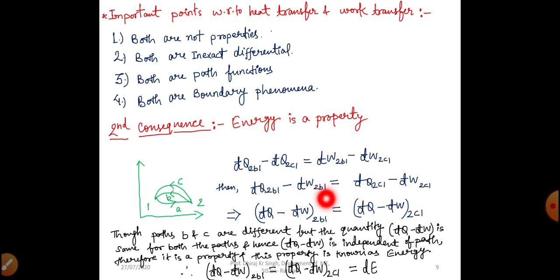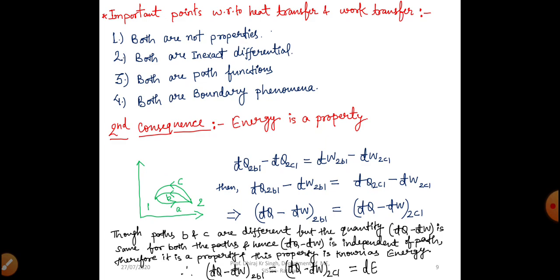So del Q minus del W for the 2b1 process is equal to del Q minus del W for the 2c1 process. So we can see that del Q minus del W for one process and for the other process are equal, right? Meaning the value of del Q minus del W is equal for different paths.